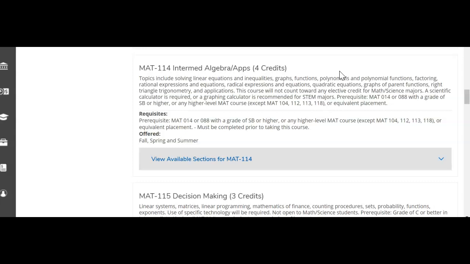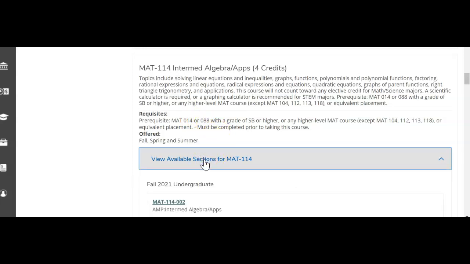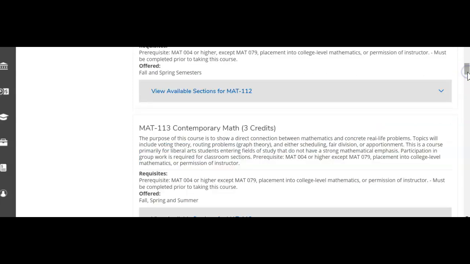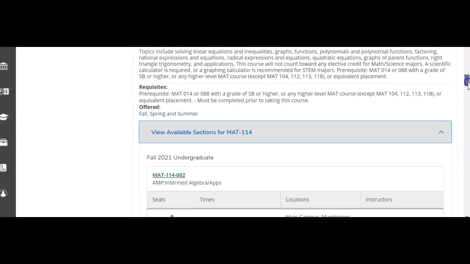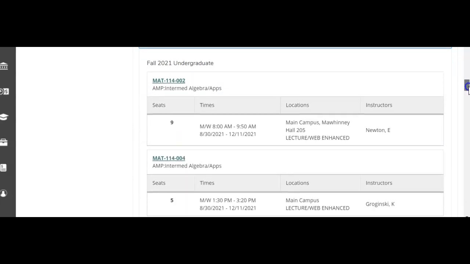So there are different sections here. As you can see, the main prerequisites are Math 014 or 88. So let's take a look at the available sections for 114 and look at the differences. Okay, here we are.